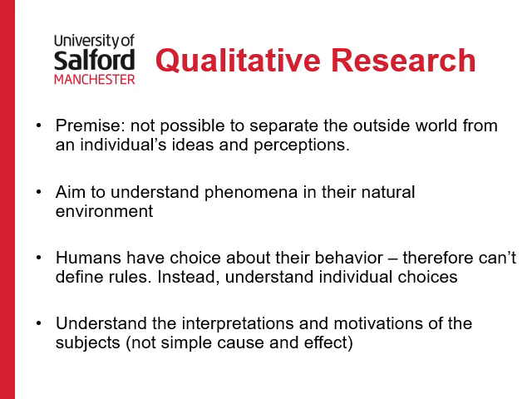And the key here is to understand that the philosophy, rightly, identifies that humans have a choice about their behavior. And so we can't use this quantitative approach, which is based around creating rules to predict certain phenomena.